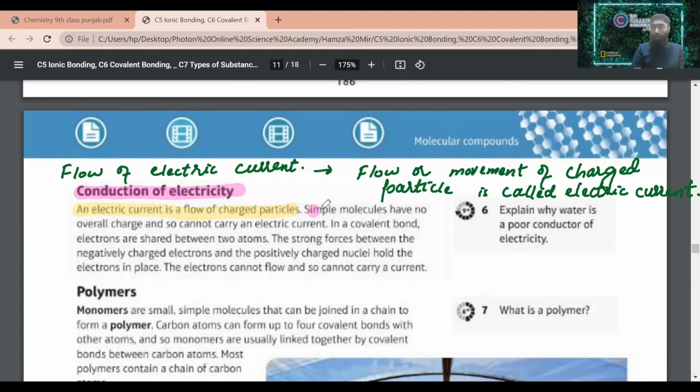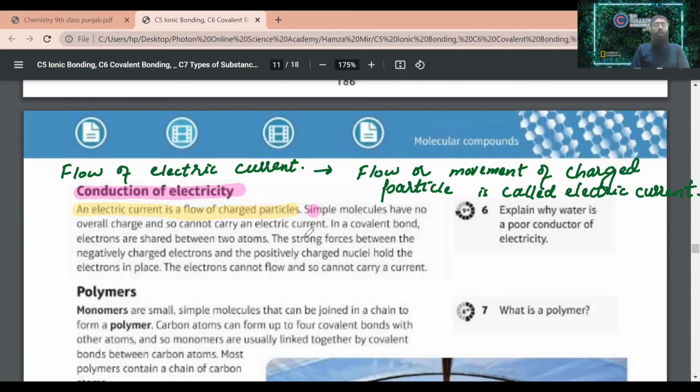In simple molecules, there is no charge. Usually charges are present in the case of ions, when we talk about ionic compounds. Although an ionic compound is overall neutral, when we put it in aqueous solution it splits into positive and negative ions, and these ions are responsible for conduction of electricity.